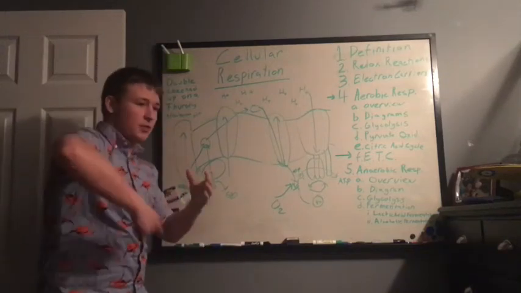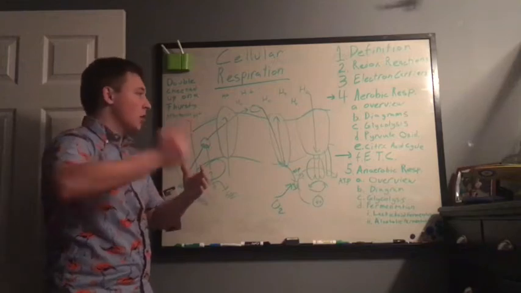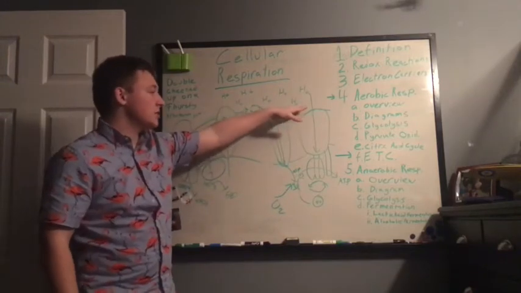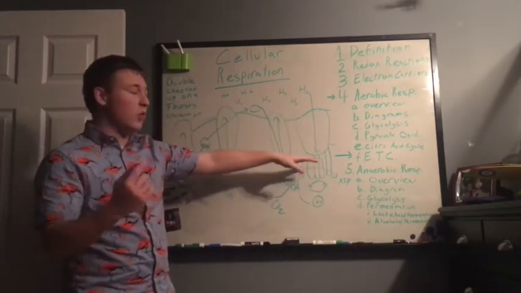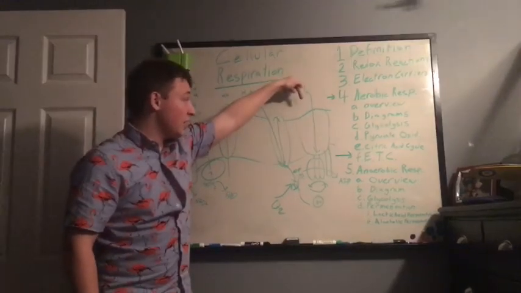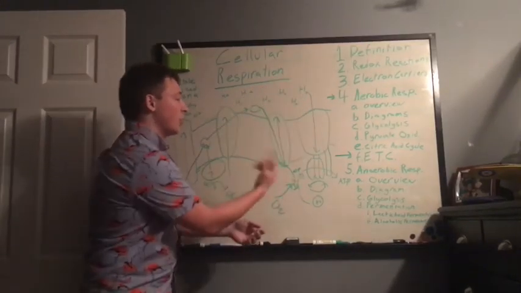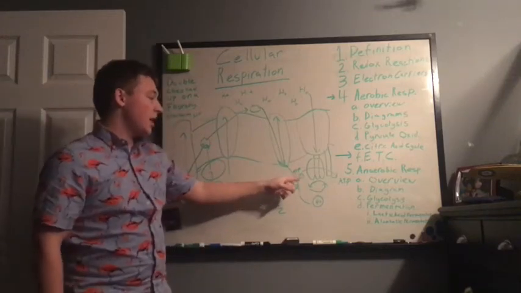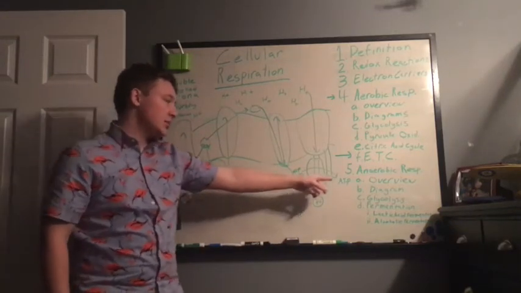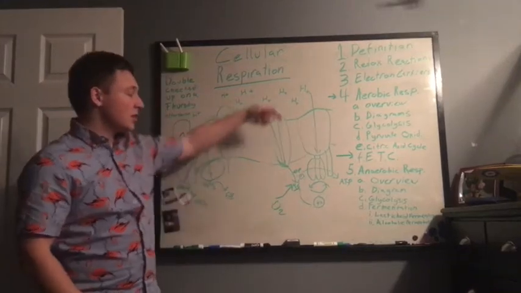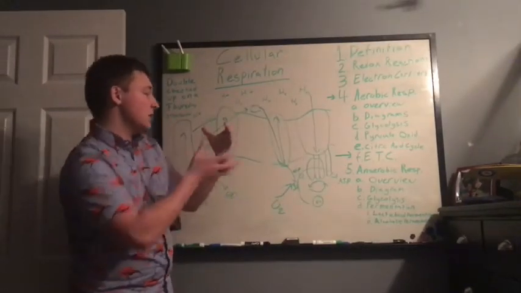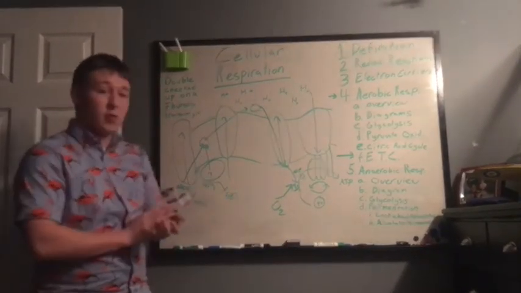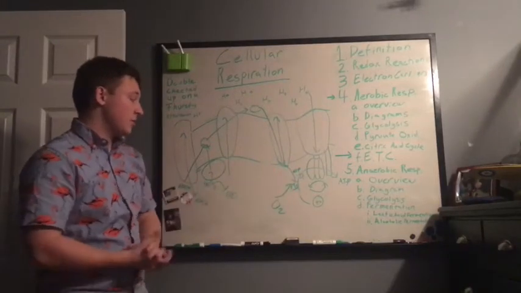Like water forces it to do work. The H plus is the water, the ATP synthase is the water mill. So with the H plus going down, it powers a rotor, which then squeezes an ADP and an inorganic phosphate together to make an ATP. So it kind of works like a machine. So it squeezes the phosphate on, and it forms all the ATPs from that.